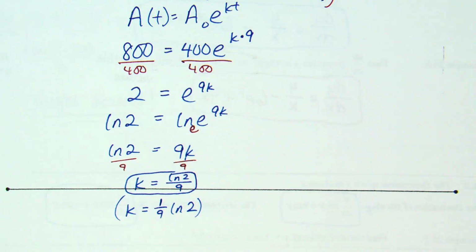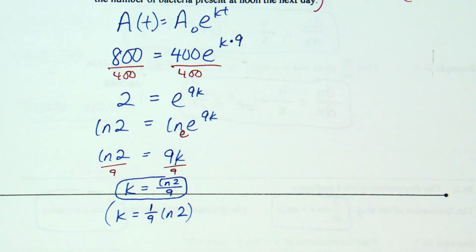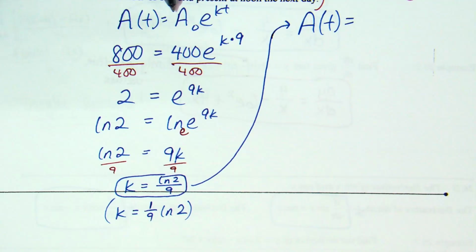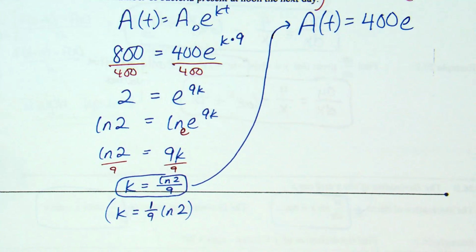Okay, so can you write an equation that now has k filled in? My goal is to find an equation that describes the number of bacteria as a function of time t. So I need an equation for A of t. A of t is going to be what? Well, A naught, we already knew that, that is 400, e to the kt.